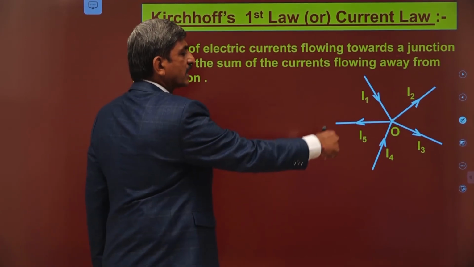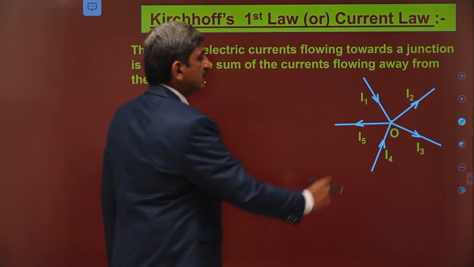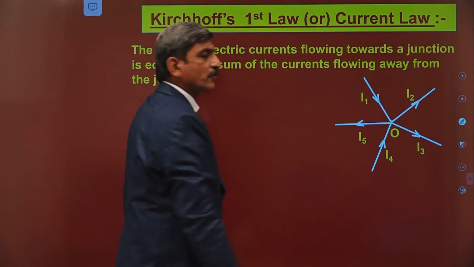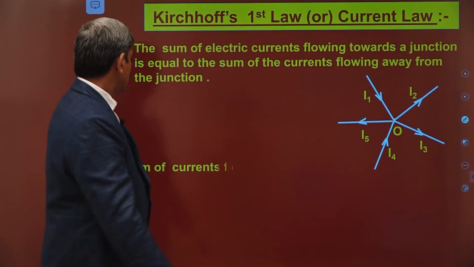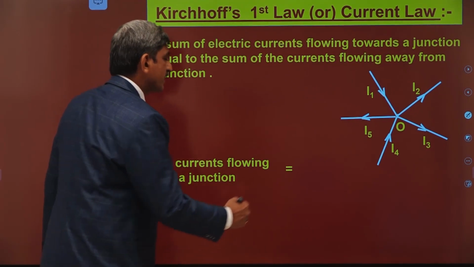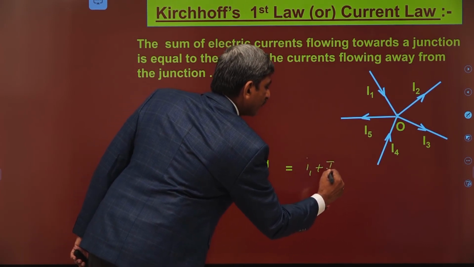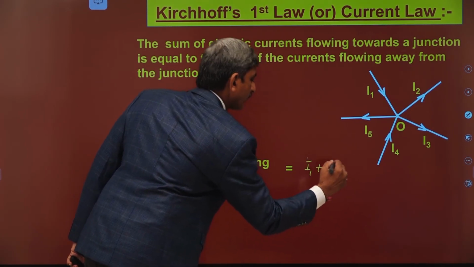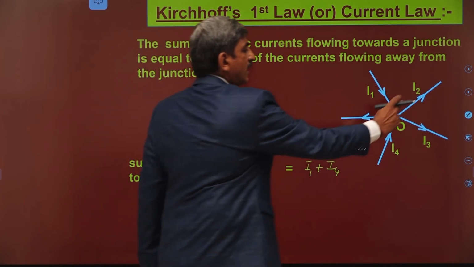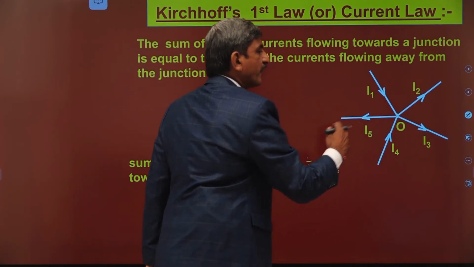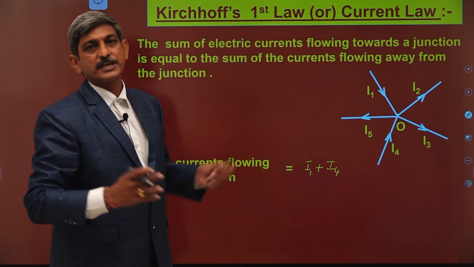Here, what are the currents flowing towards the junction? I1 and I4 are flowing towards the junction. So, the sum of the currents flowing towards the junction is I1 plus I4. Whereas I2, I3 and I5 are flowing away from the junction.